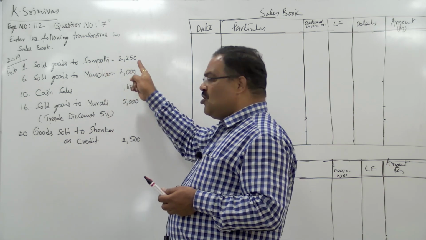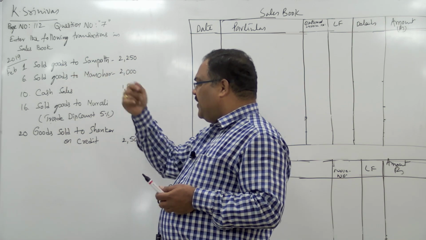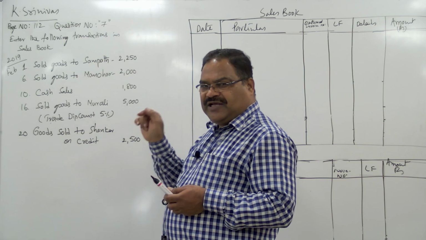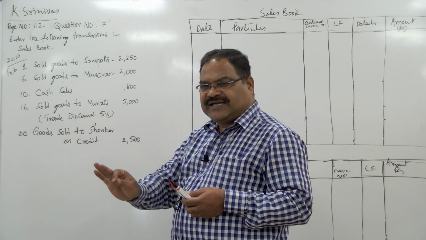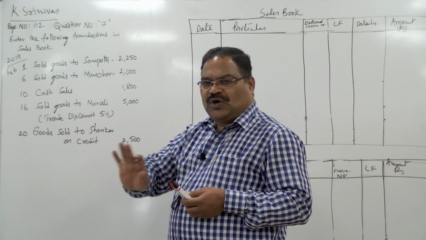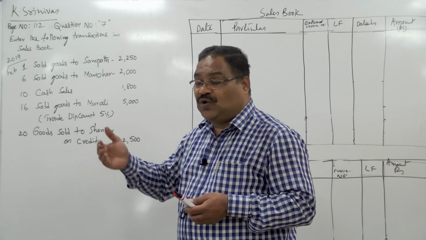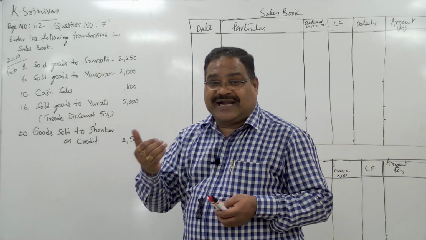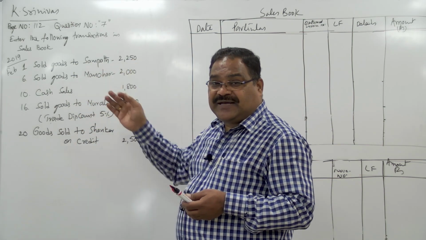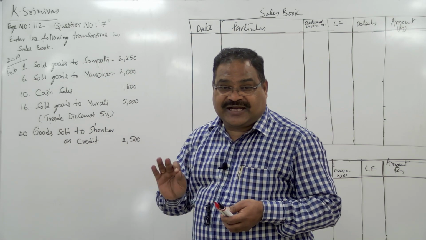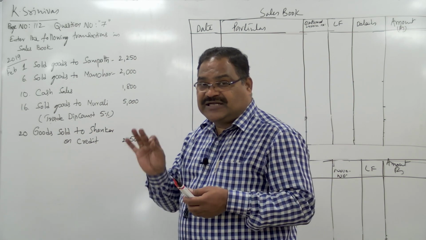No information about cash, no information about credit, but the information is that we sold goods to Sampath. Which means it is a credit. We sold, but we have not received. If we had received cash, it would say sold goods to Sampath and received cash. Here that information is missing, but information about the person is there. So you should understand it is a credit transaction, credit sale of goods.